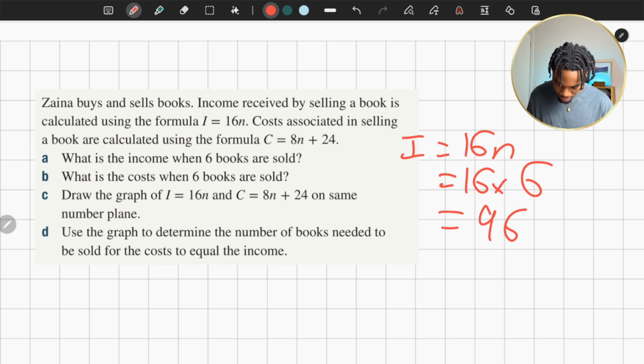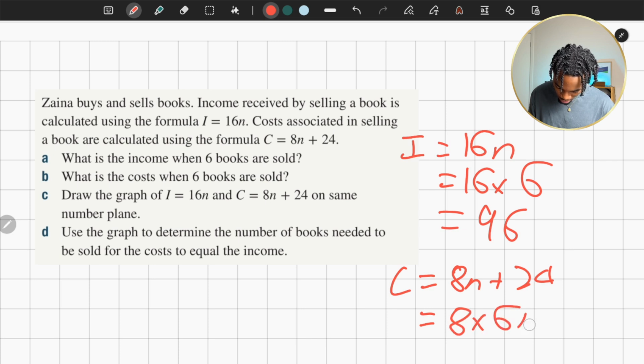What is the cost when 6 books are sold? Cost equals 8n plus 24, so 8 times 6 plus 24, and that equals 72.